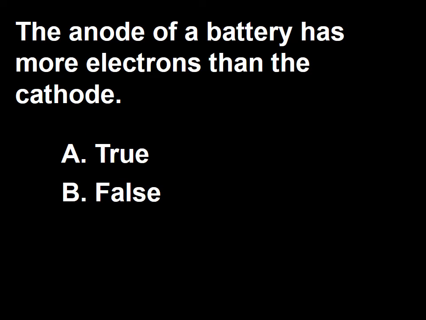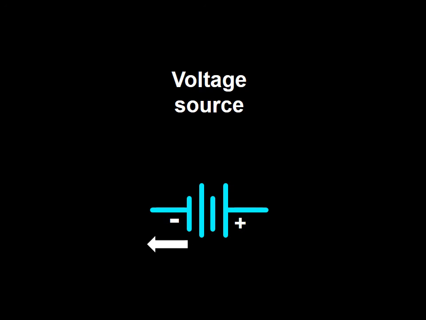Next question. The anode of a battery has more electrons than the cathode. A, true, B, false. The distribution of volts, electrons, and charges in a battery requires some explanation. The distribution of volts is not equal between the negative and the positive poles of the battery.